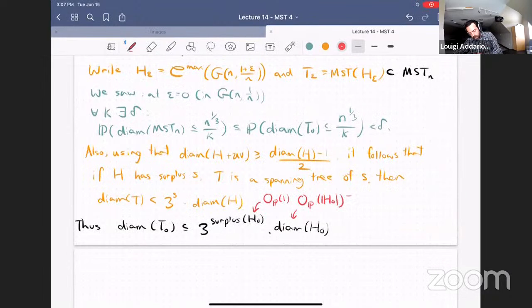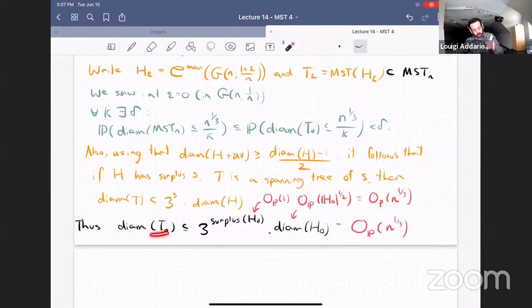And these critical components have size of order n to the 2/3. So this is order n to the 1/3 in probability. So here we have an upper bound which is something of order n to the 1/3 times something of order 1, and overall we get an upper bound of order n to the 1/3 just on the diameter of this particular tree.